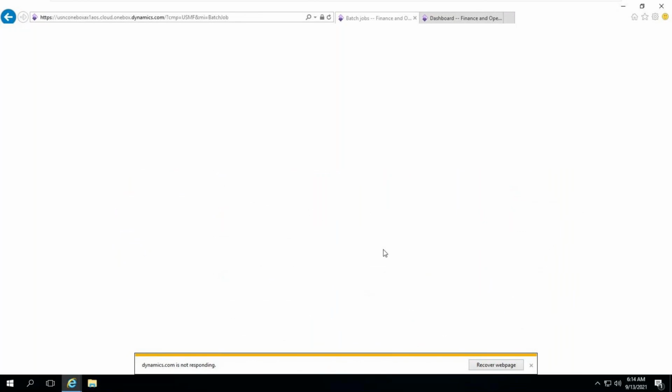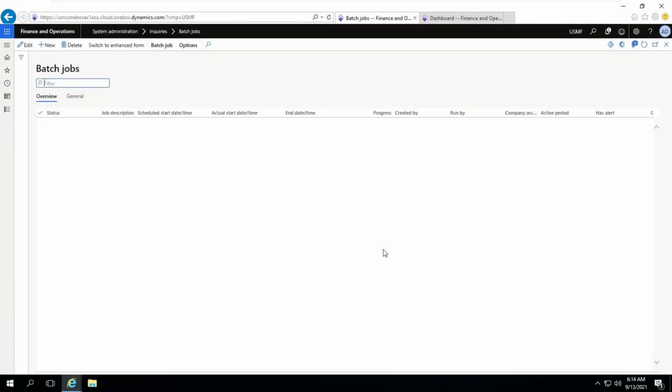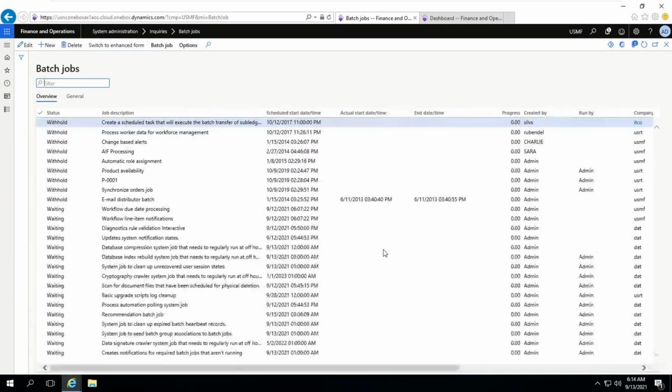I'm just loading once again. Okay, it will look like this, but you need to click on switch to enhanced mode, or enhanced form.